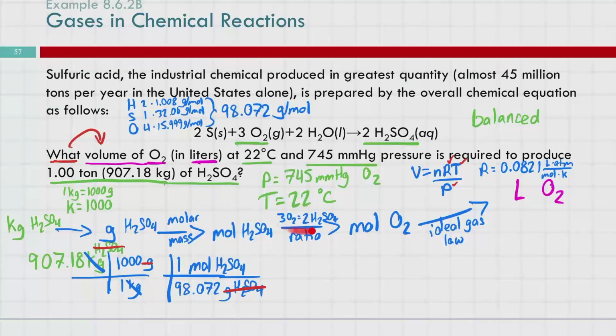We've got a ratio of 3 to 2 that we can use here. We've got 2 moles of H2SO4, so we want to use our 2 moles on the bottom. And our O2, we've got 3 moles of O2.